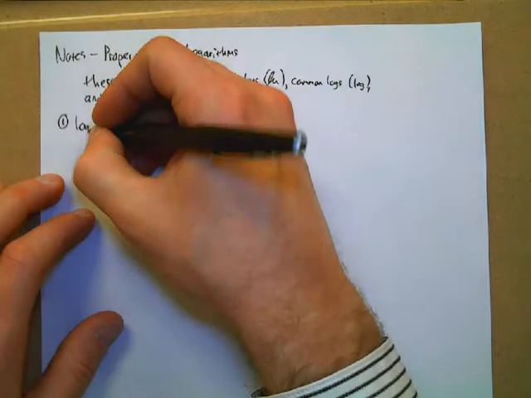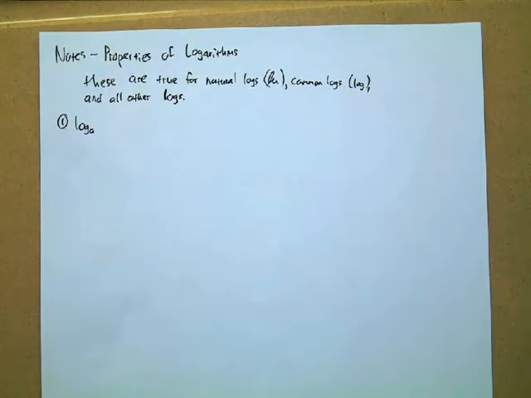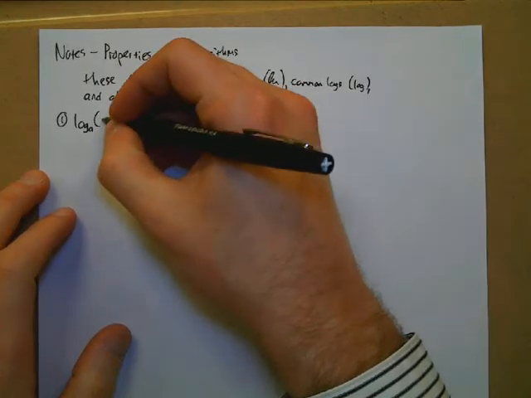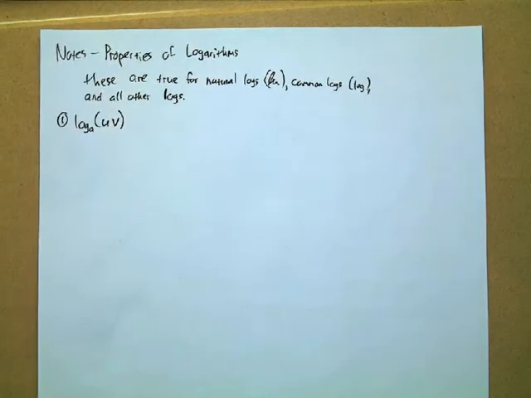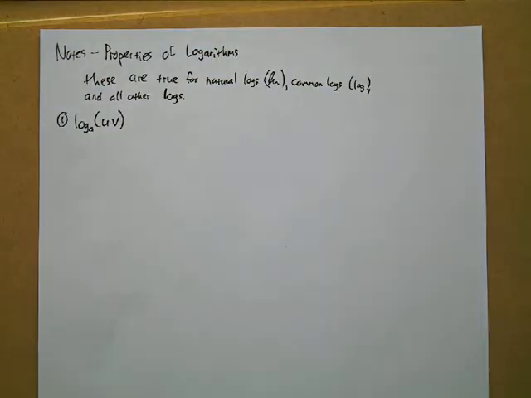Okay, so we're going to talk about a generic log base A here again. Just kind of generic log. And it's going to be the log of a product, UV, right? U times V there. Log base A of U times V. Okay?